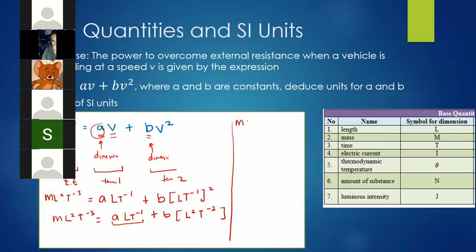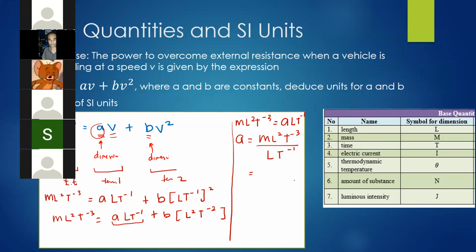So M L squared T negative 3 equals A times L T negative 1. So A equals M L squared T negative 3 divided by L T negative 1.